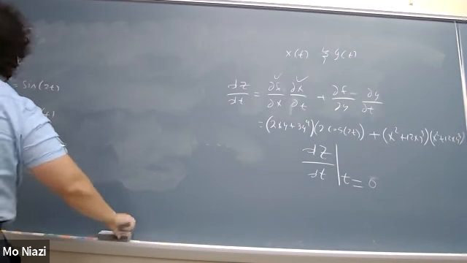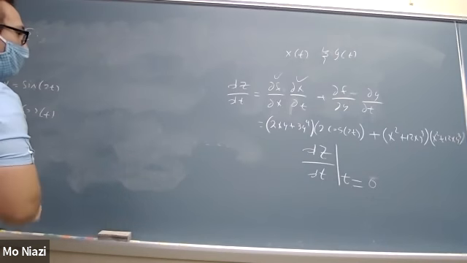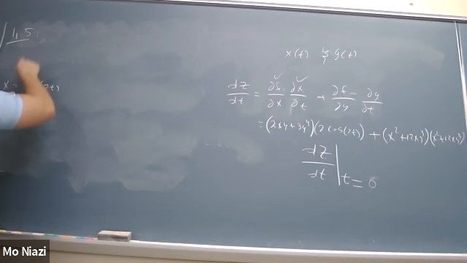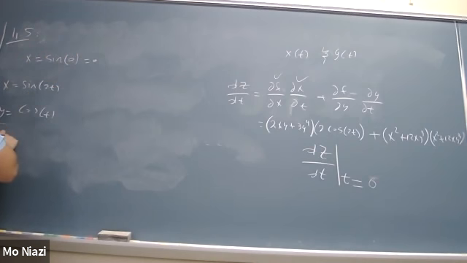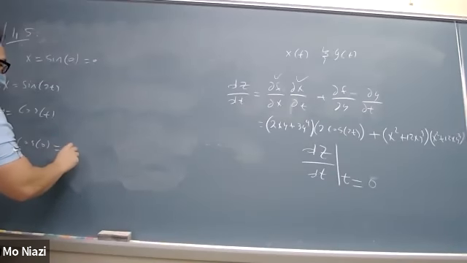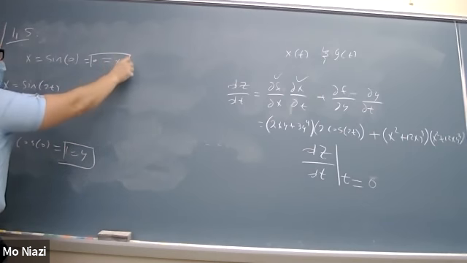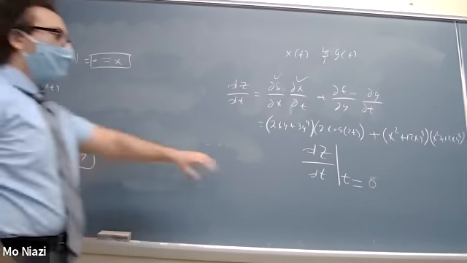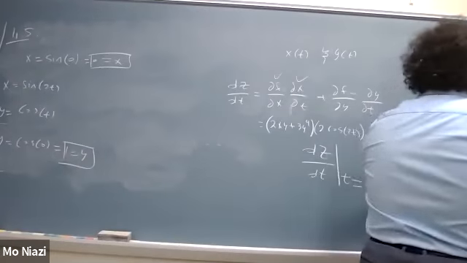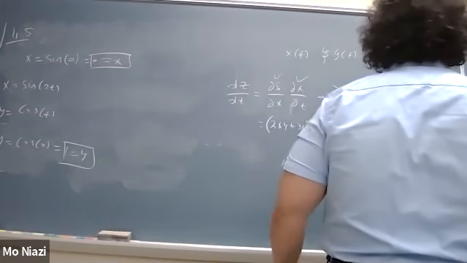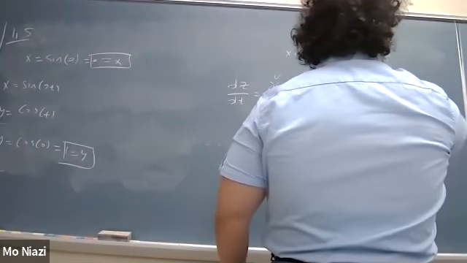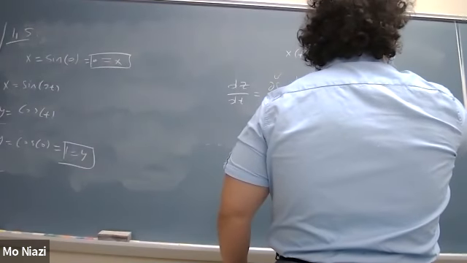Okay. So remember, x and y are functions of t. So I can say, okay, if t equals 0, then x transforms to sine of 2 times 0, which is sine of 0, which is 0. And if t is equal to 0, y is equal to cosine of 0, which equals 1. So our y is equal to 1, our x is equal to 0. And here in this result, oh man, this doesn't seem right.